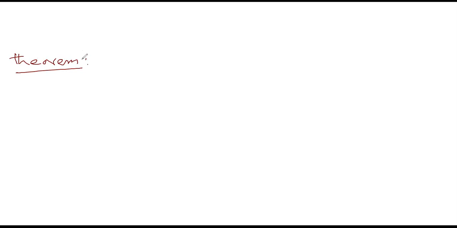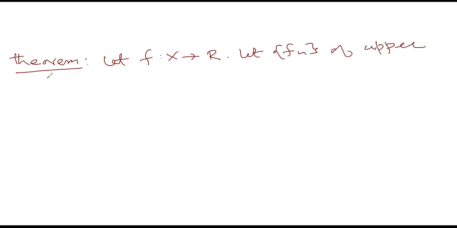So let f be a function from X to R, and let's take a sequence fn of upper functions such that it's an increasing sequence and it increases to f almost everywhere.